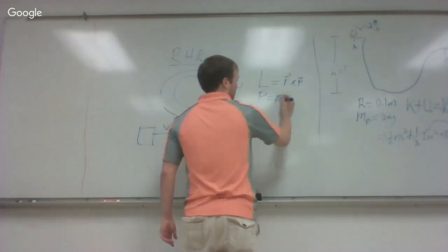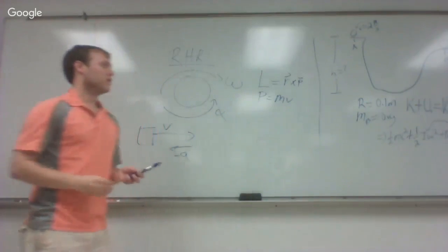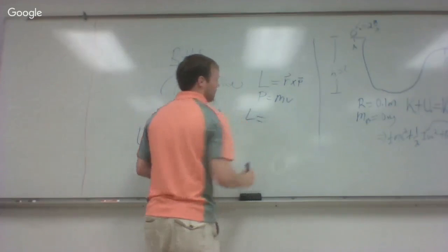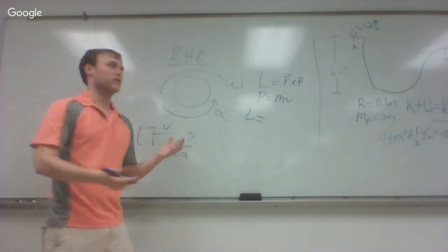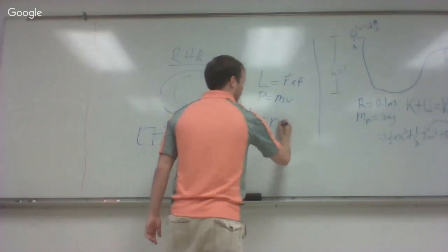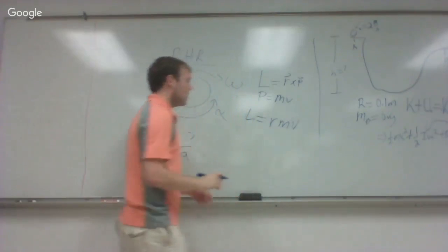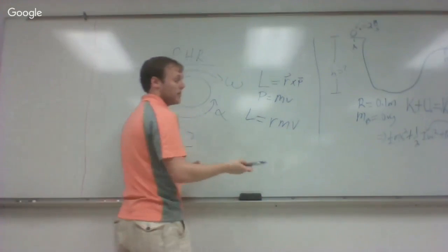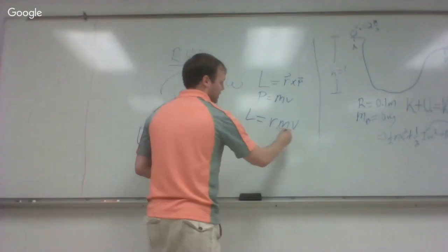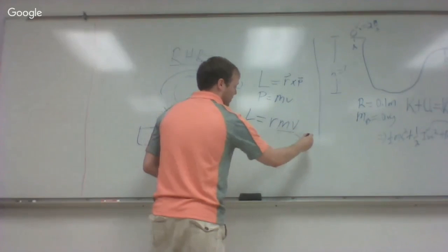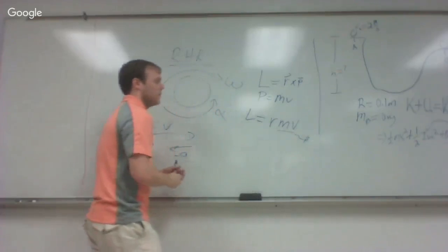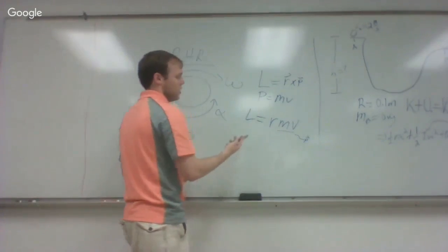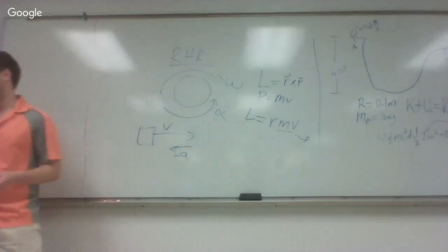And we said p is equal to m times v. So knowing that we have m times v, we can plug this in, and we can find the scalar equivalent of this equation. Plug that in, and you can find the angular momentum.